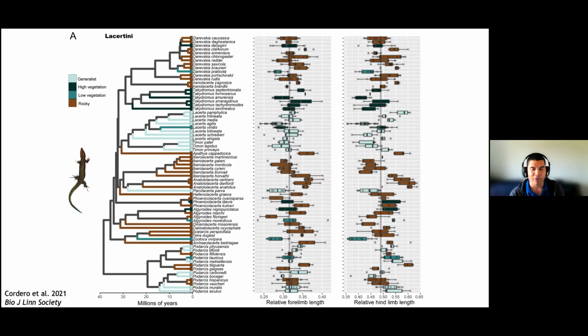And we could not really correlate limb length with ecological niche. And so we concluded that the expectation, which was a very general expectation for lizards, that limb length should predict ecological niche and eventually performance of lizards, is not really generalizable to all clades, particularly in temperate species.